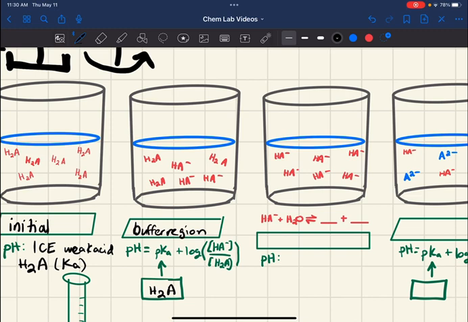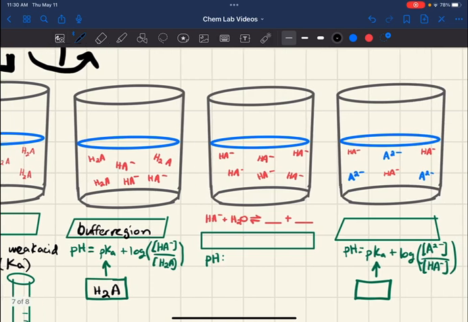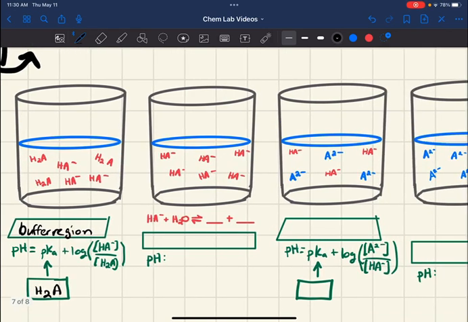Okay, so moving on from there, once we get to the point where all of our H2A has been converted into HA-, now we're going to have HA- reacting with water, and there are 2 real possibilities here. HA- could have a larger Ka value than Kb value and therefore act as an acid.